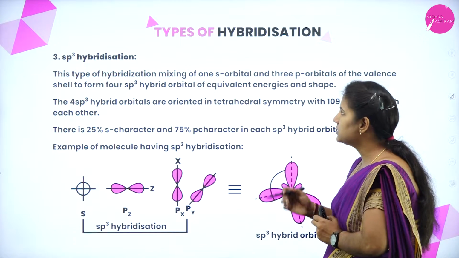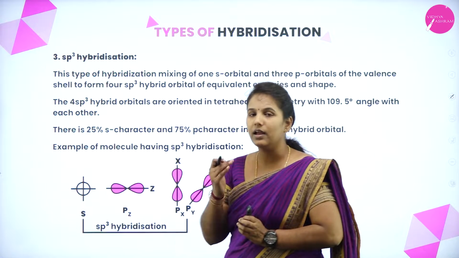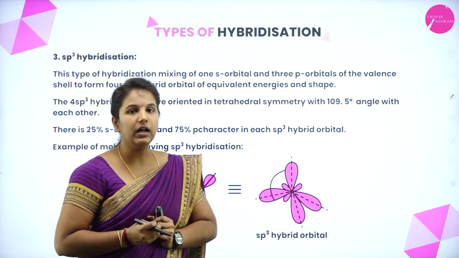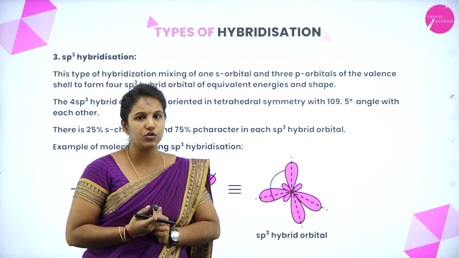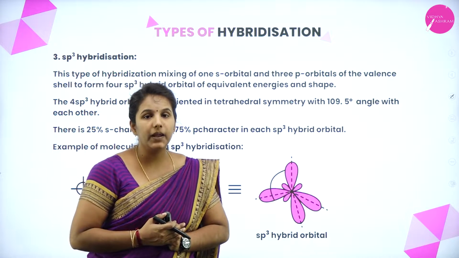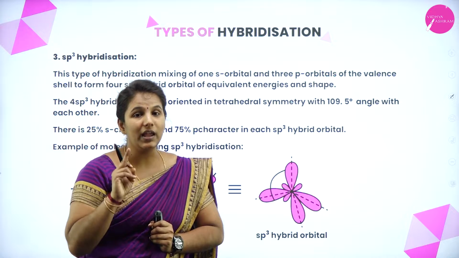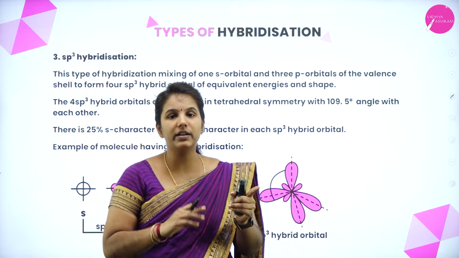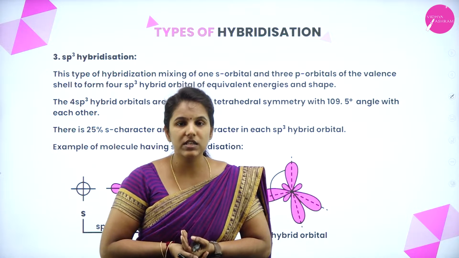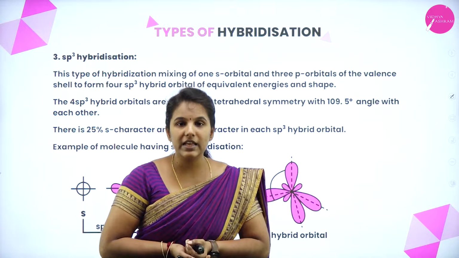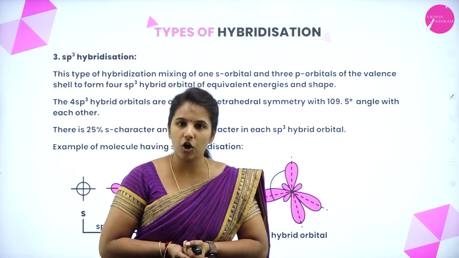Okay. So first I will go with the sp3 hybridization. The name itself shows that there are 3 p orbitals and only 1 s orbital. When the s orbital and 3 p orbitals are combined, we call such hybrid orbitals sp3 hybrid orbitals.